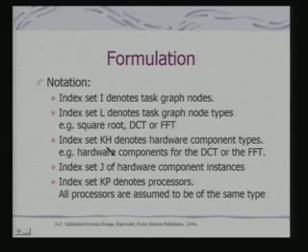And index set KH denotes hardware component types because I said already we can have hardware components for DCT, a dedicated hardware component. So, hardware component types. Index set J is of hardware component instances, and index set KP denotes processors. I can use multiple processors and all processors are assumed to be of the same type. So, I have got these sets.